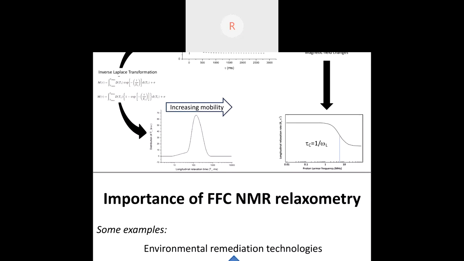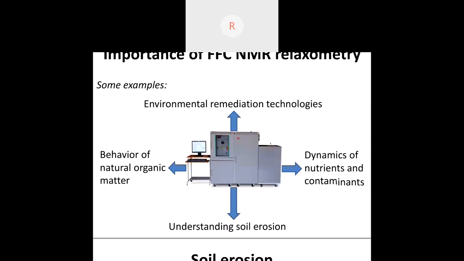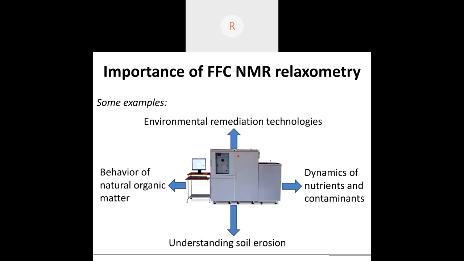By using the relaxometry, in particular the FFC relaxometry, we can, for example, monitor the dynamics of nutrients and contaminants in water and in soils. We can monitor the behavior of natural organic matter. That is a very interesting point, because natural organic matter is directly related to soil fertility.